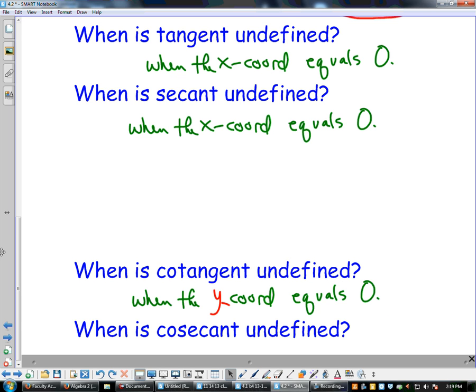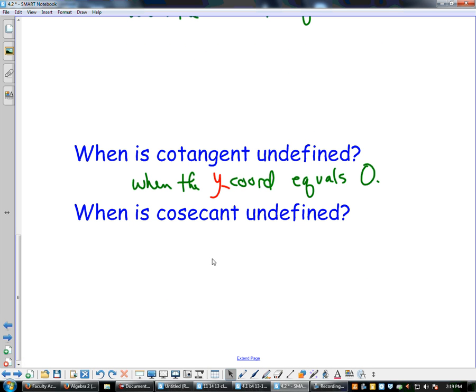When is cosecant undefined? What do you think, Cole? Same thing, when the y is equal to 0? All right. When the y coordinate equals 0.